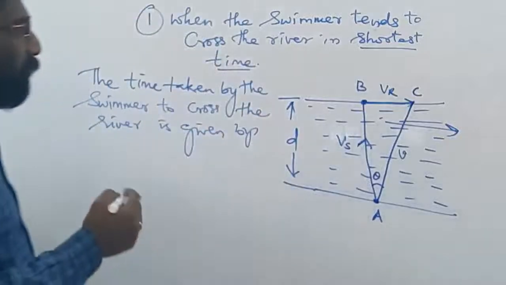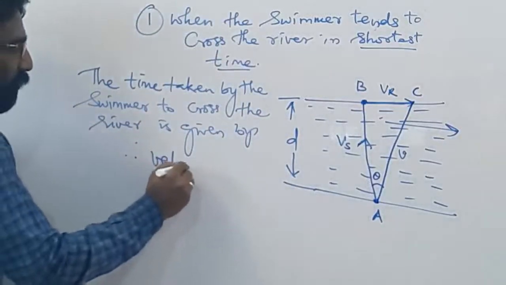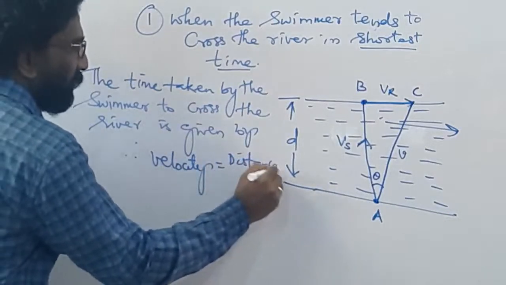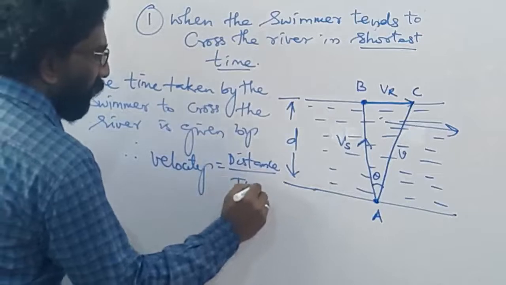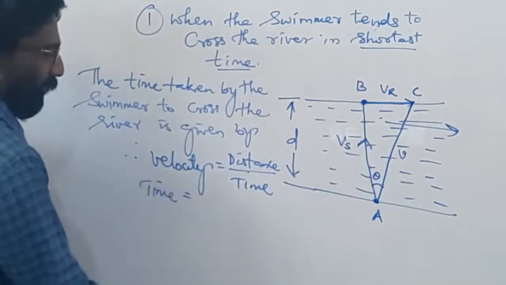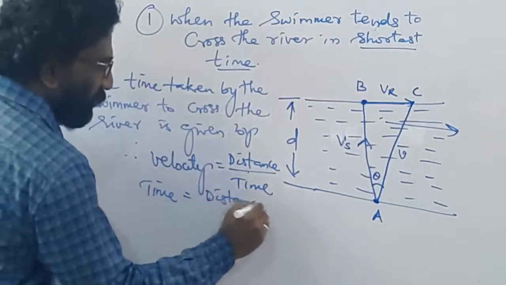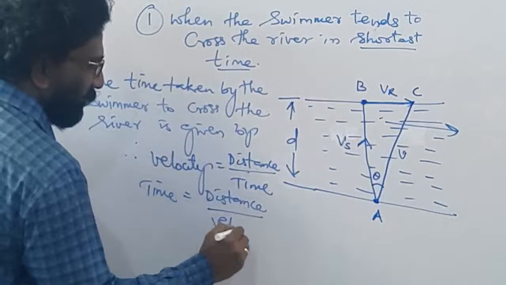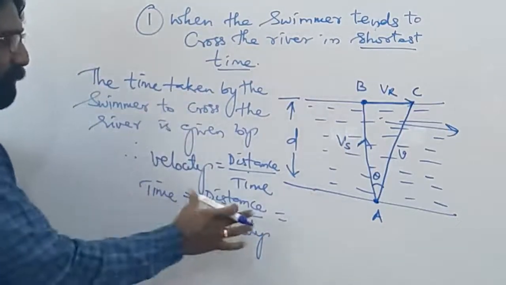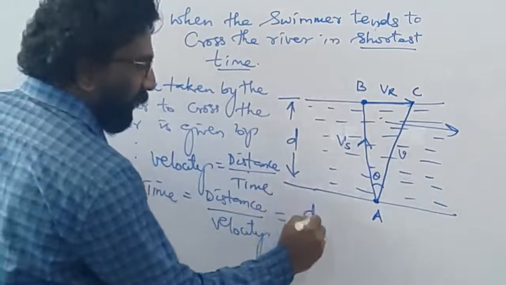So since velocity is equal to distance over time, I can write easily time is equal to distance over velocity. If this is the case, then the time taken by a particular swimmer to cross the river will be, what is the distance? The width of the river is equal to d.